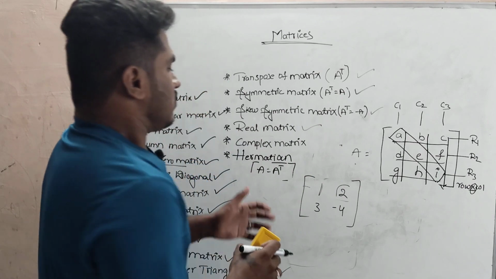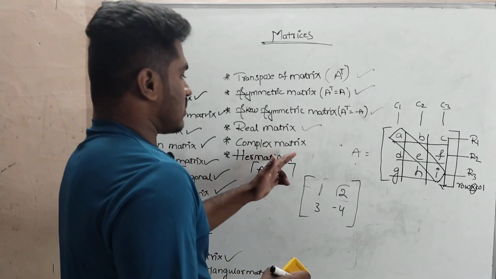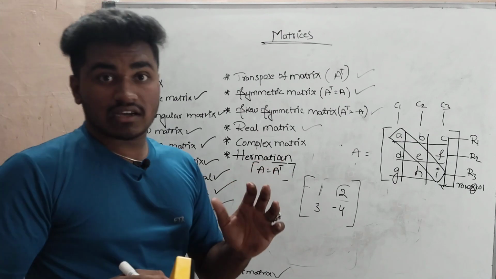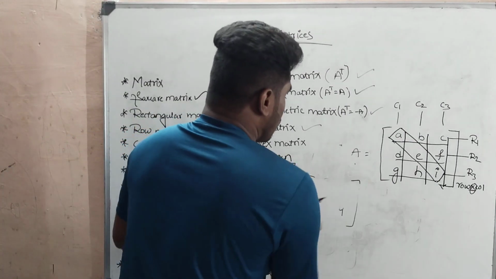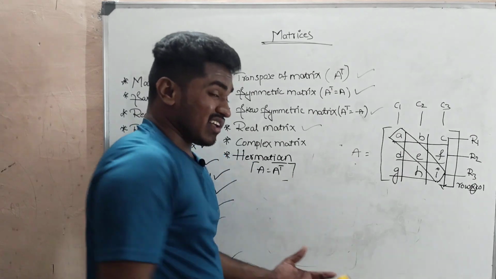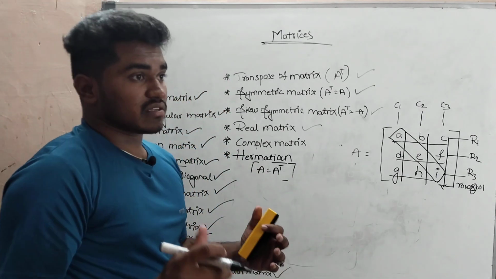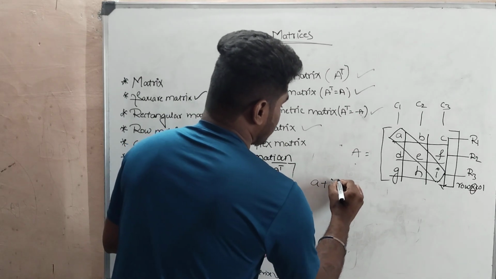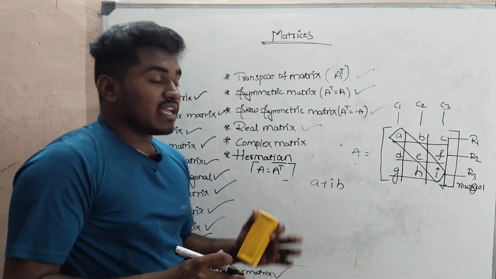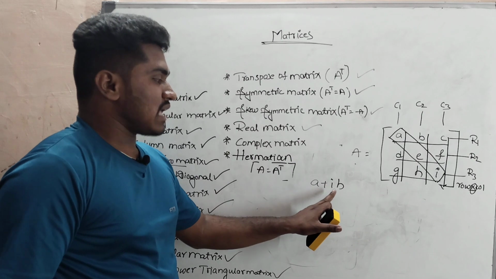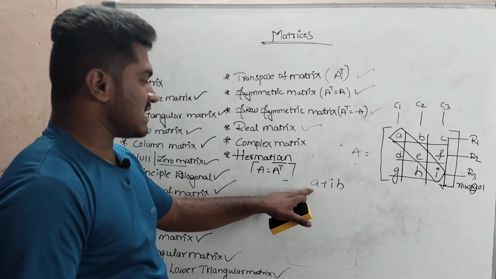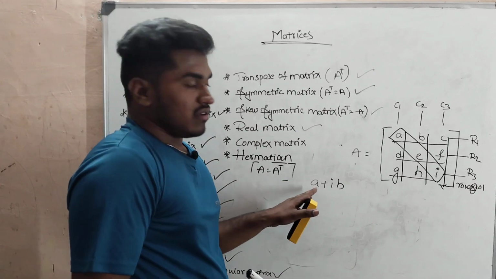And then we'll discuss this complex matrix. A complex matrix is nothing but a matrix that consists of complex numbers. So first we'll discuss what complex numbers are. Complex numbers are nothing but numbers of the form a plus ib. Whenever the element is of the form a plus ib, that particular term is termed as complex.